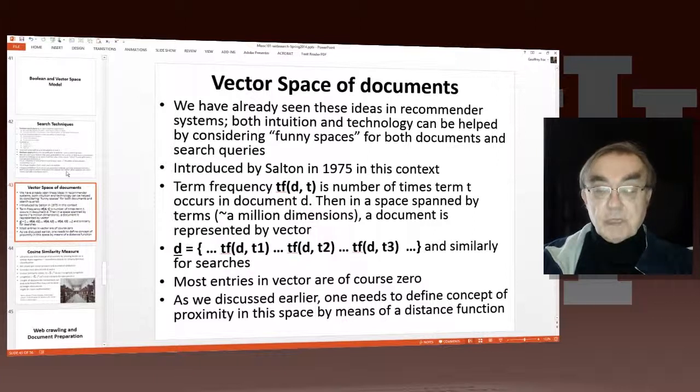Most entries in this vector are of course 0. And then we need to decide what nearness means in this context, and we can do that with a distance function, or, just as we saw for recommender systems, there are other ways of specifying it.